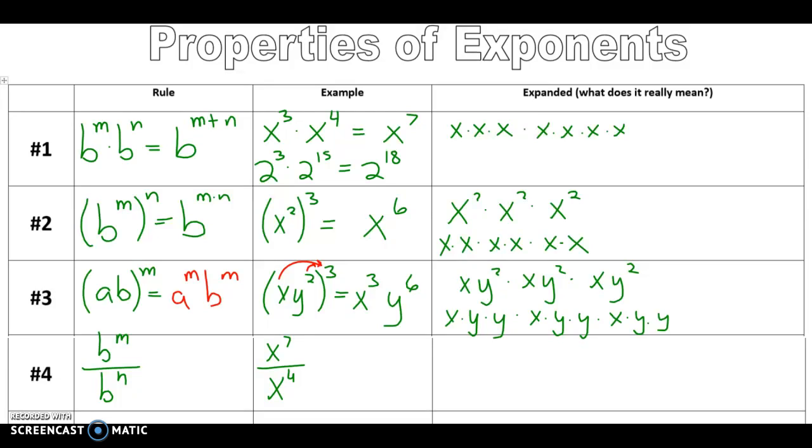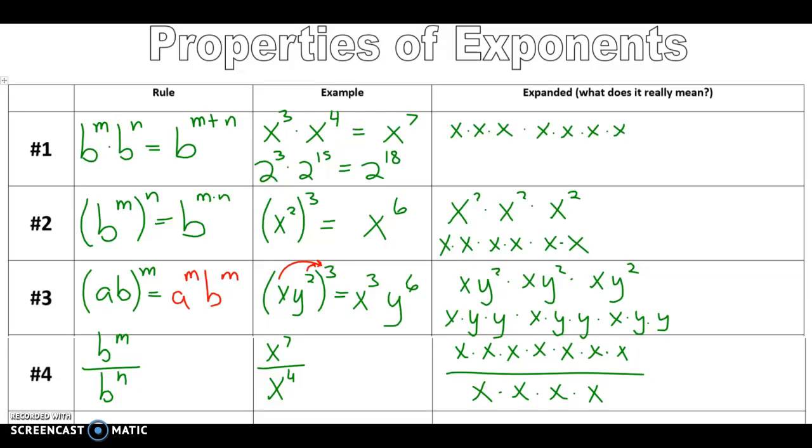Now, once again, you have to understand what that's asking me to do. So x to the 7th is 1, 2, 3, 4, 5, 6, 7 x's all over 1, 2, 3, 4.